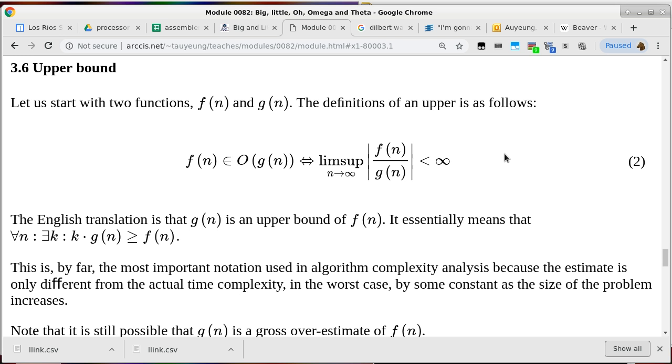So the next line actually says that. The English translation of this is there exists some value k so that k times g of n is greater than or equal to f of n. Is that okay?